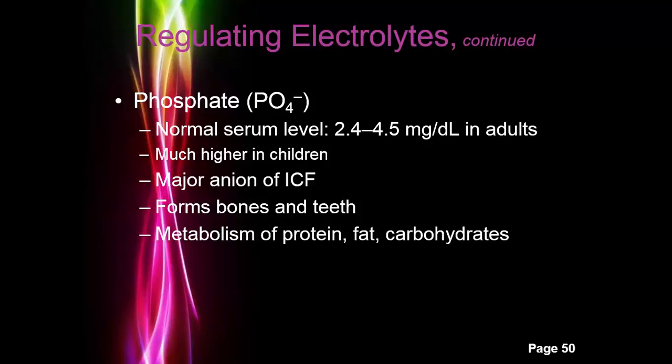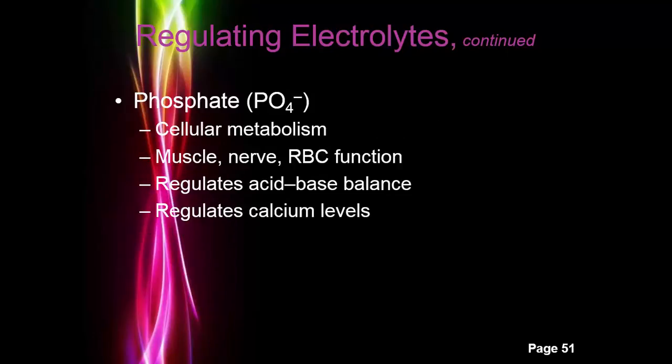It also helps with metabolism of proteins, fats, and carbohydrates. Phosphate is involved in many chemical actions as well. It is essential for functioning of muscles, nerves, and red blood cells. It also helps regulate calcium levels.